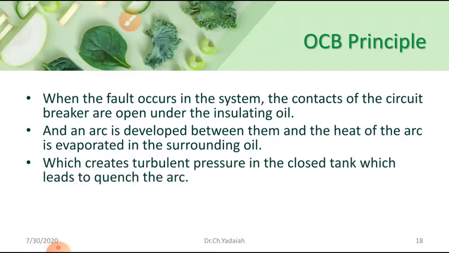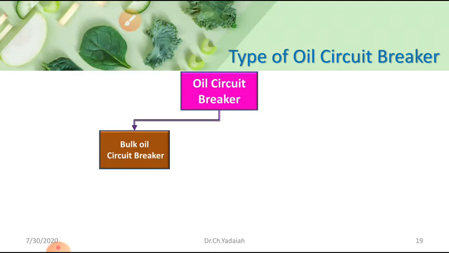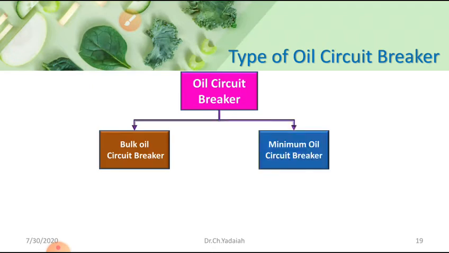Now let us see the oil circuit breakers. Oil circuit breakers are further classified into bulk oil circuit breakers and minimum oil circuit breakers. A bulk oil circuit breaker has 5000 liters of oil for quenching each phase, whereas a minimum oil circuit breaker, or poor oil circuit breaker, uses only 10% of the oil used in a bulk oil circuit breaker.